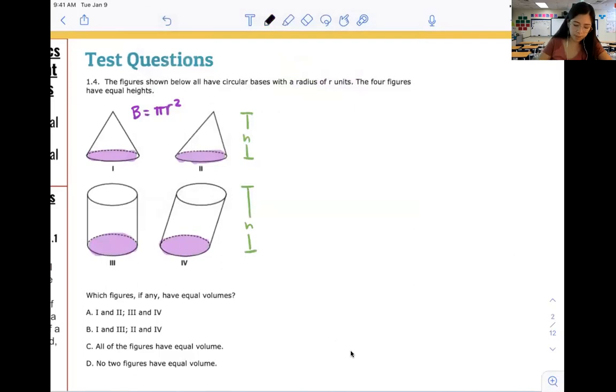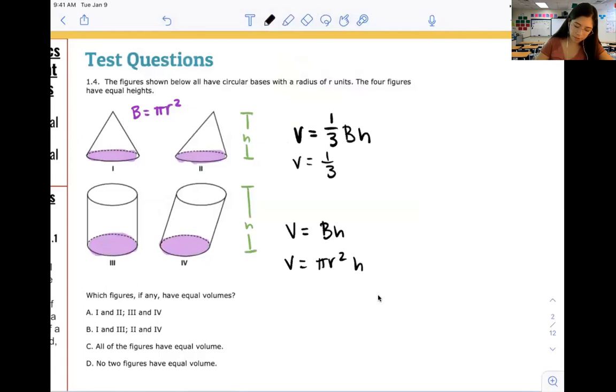Right? So for the top one, volume equals 1/3 BH. And for my cylinders, what's the volume formula? Just base times height, or in other words, pi r squared height.